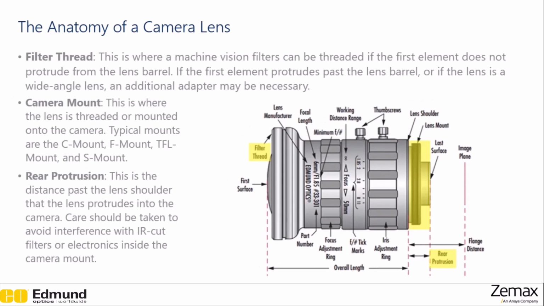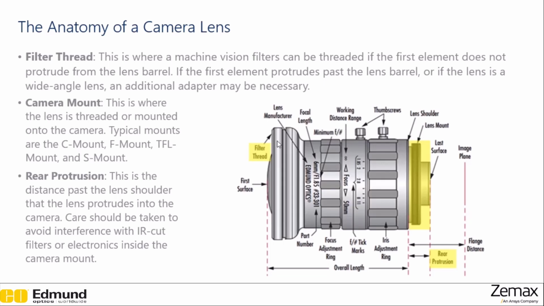There is the filter thread. This is where machine vision filters can be threaded if the first element does not protrude from the lens barrel. If the first element protrudes past the lens barrel, or if the lens is a wide-angle lens, additional adapters may be necessary.